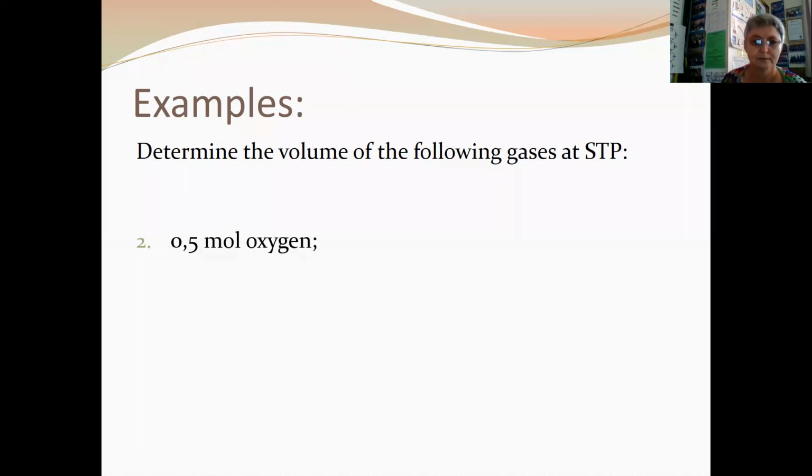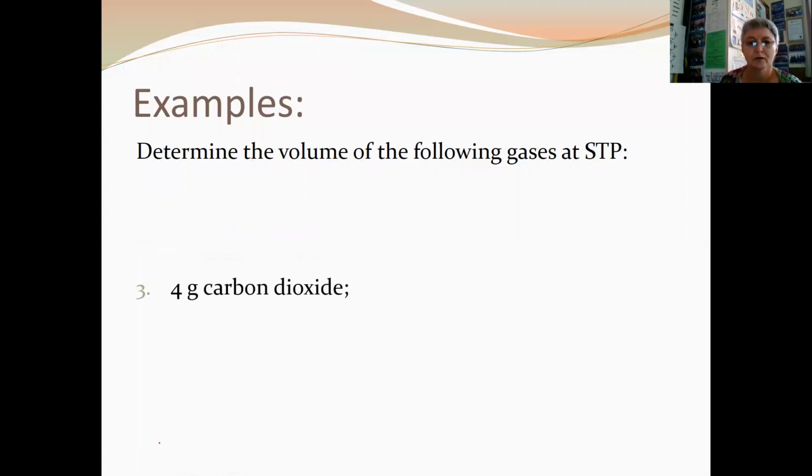The next one, they give us 4 grams of carbon dioxide and they want us to calculate the volume of the carbon dioxide. Now we know that whatever they give us, we need to convert it to moles first. So it's the mass of the carbon dioxide divided by the molar mass.